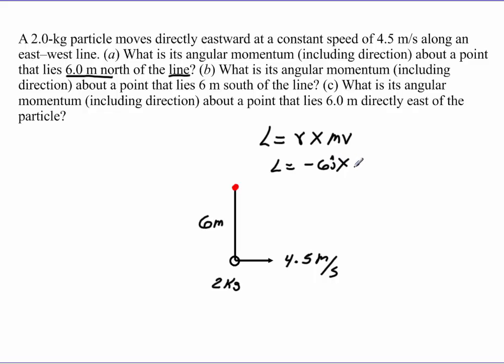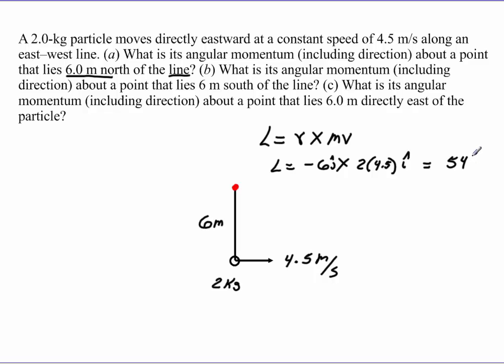I wouldn't necessarily do that. Times 2 times 4.5 times i hat, right? So that's 9. That gives me 54. Now, that's negative, but when you do the cross product of j cross i, you get a negative k hat, right?